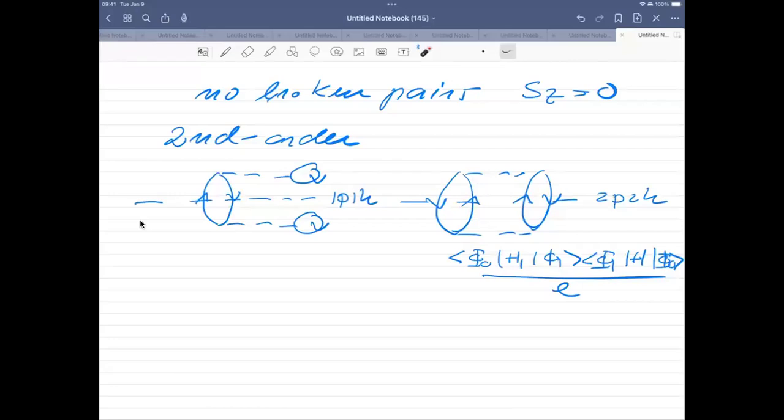And what you will see is what you would expect: if the interaction is weak and the gap between the single particle states above and below the Fermi level is also big, then the many-body perturbation theory terms are going to be small, and perturbation theory gives a good approximation to the exact ground state and also other possible states if we were to consider states beyond the ground state.